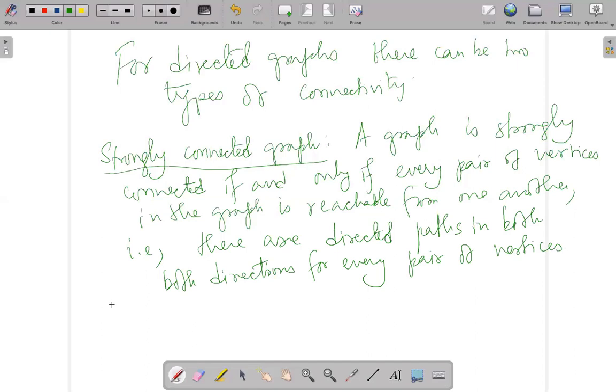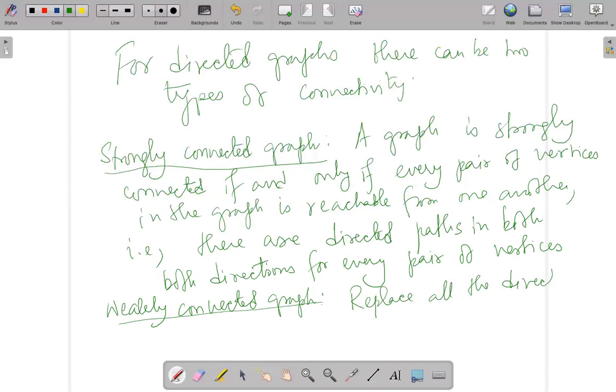The other type is a weakly connected graph. So the trick is simple. Replace all the directions.